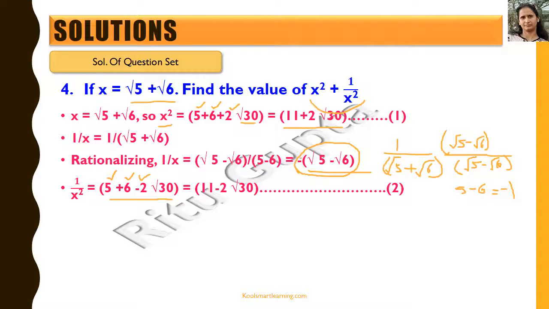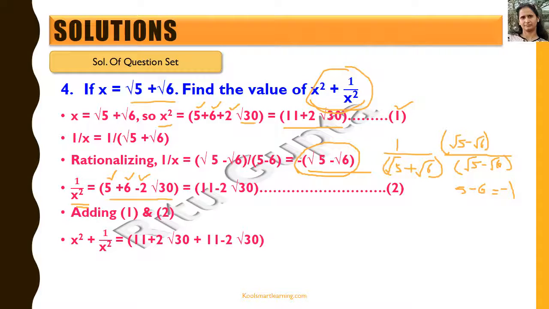So now we need to find out x square plus 1 by x square, so we add 11 plus 2 root 30, which is x square, with this value of 1 by x square, which is 11 minus 2 root 30. So we can cancel out plus 2 root 30 with minus 2 root 30, and we get 22 as the value for x square plus 1 by x square.